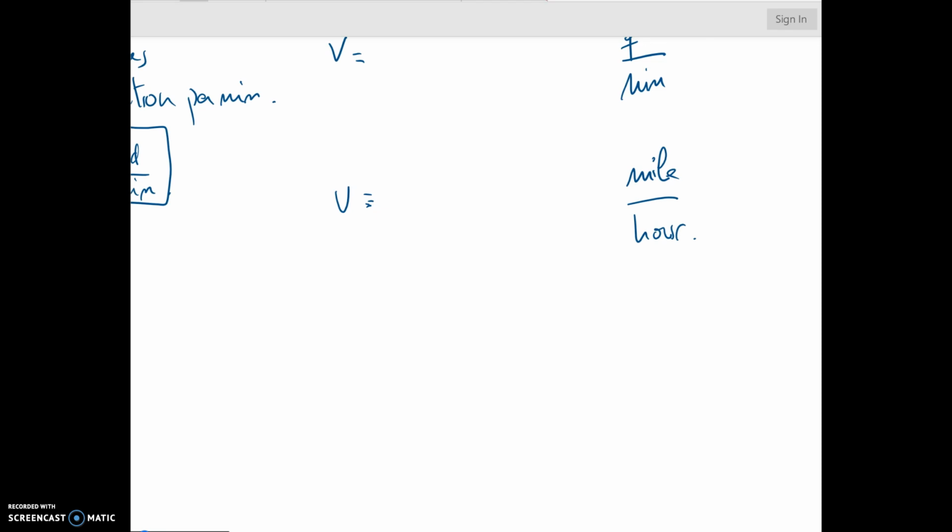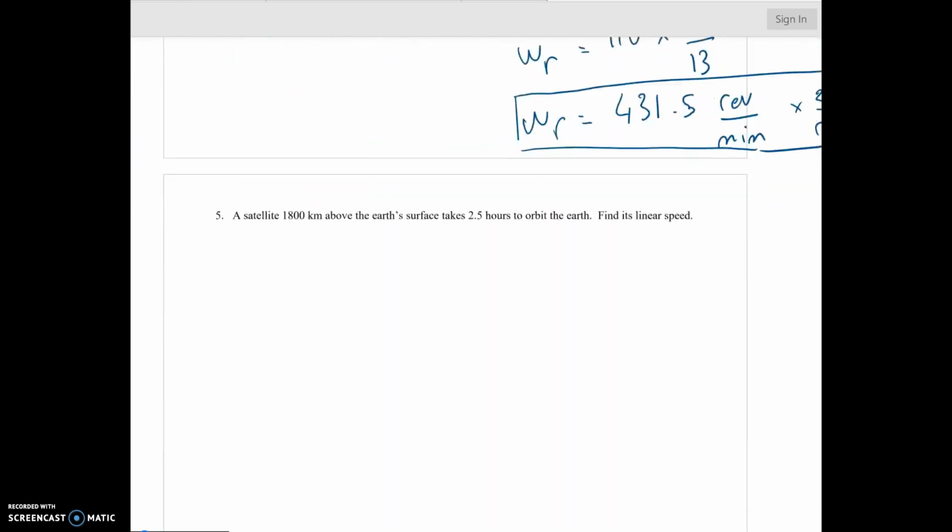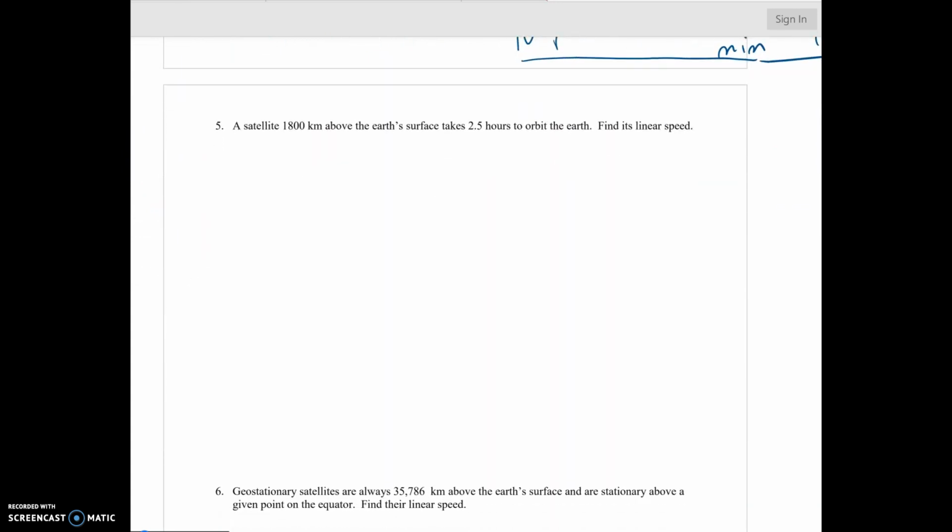All right. So now let's go and try to work on problem number 5. A satellite 1800 kilometers above the Earth's surface takes 2.5 hours to orbit Earth. Find its linear speed. Well, I know that the linear speed is the distance divided by the time.